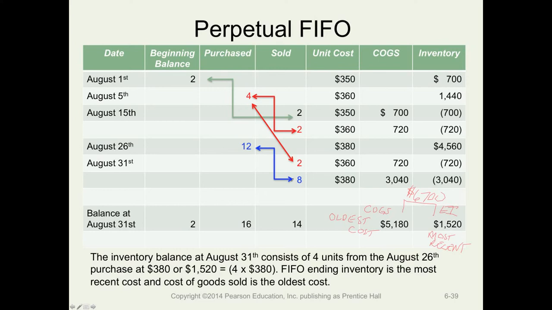FIFO cost flow does a very good job matching the unit flow. The units on hand are the current units. You've sold the oldest, and that is because you want to avoid being subject to obsolescence due to style changes, technological changes, or spoilage due to perishability.